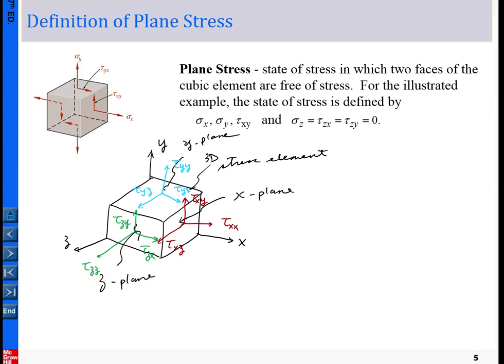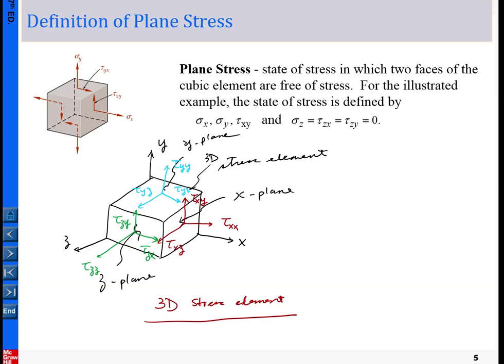Okay, so that is the general case. Here I describe a general three-dimensional stress element. So now this is a basic three-dimensional stress element. Okay, basically the components of the stress are distributed in three dimensions.